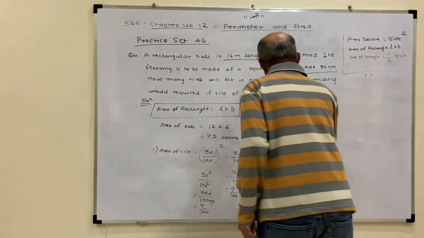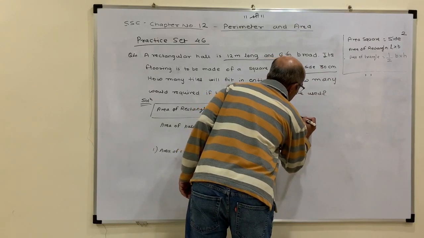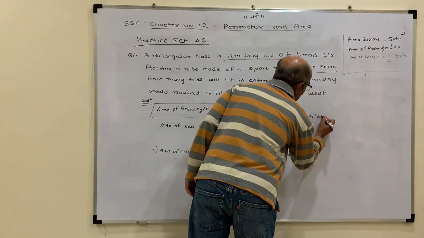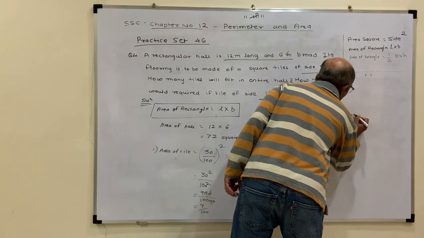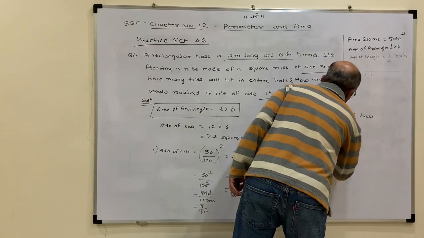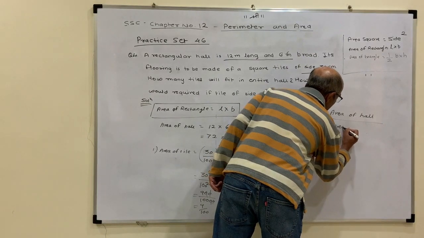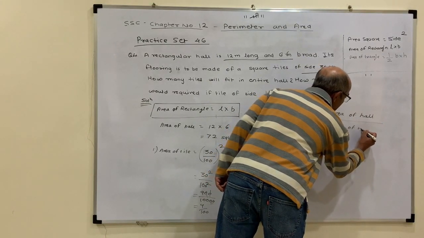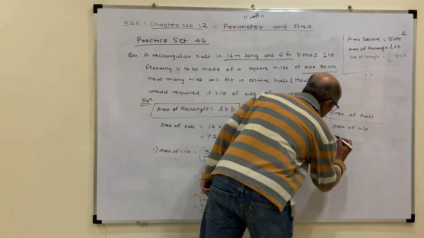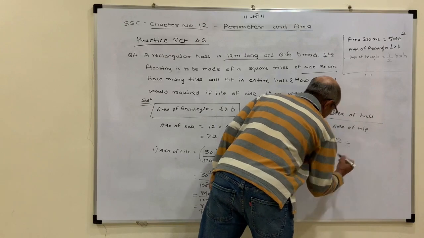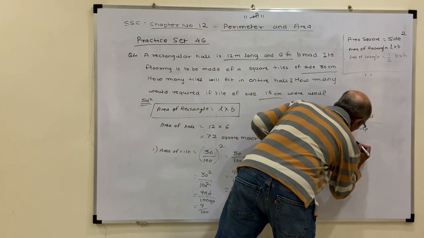So the number of tiles equals the area of the hall divided by the area of the tile. The area of the hall is 72, divided by the area of a tile, which is 9 divided by 100.